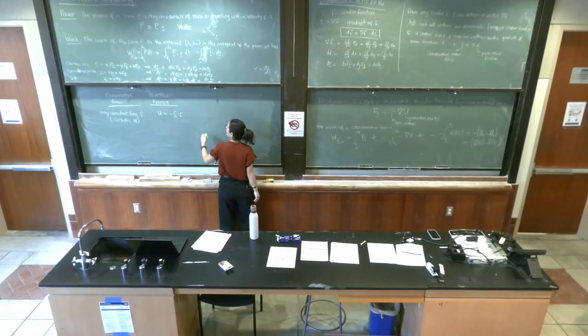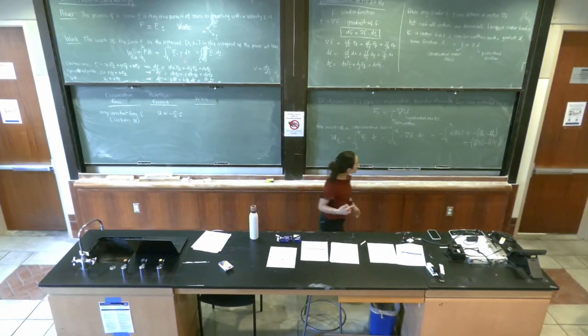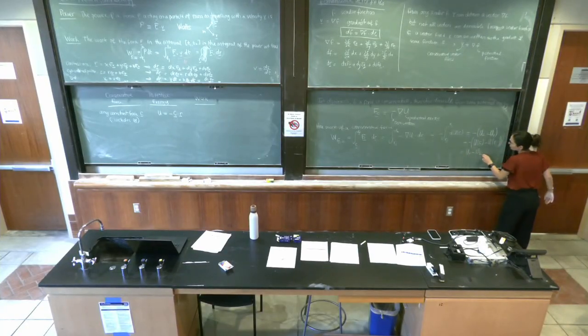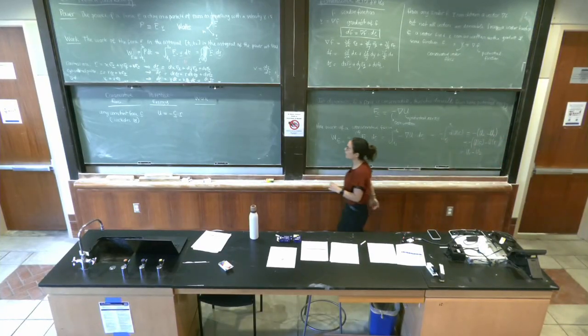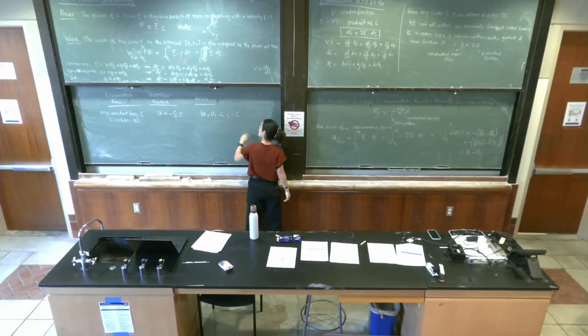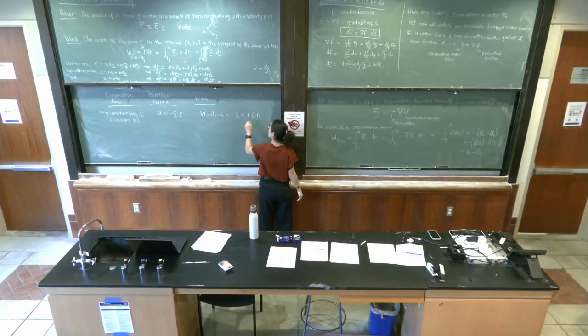Okay, so the work is going to be equal to minus U2 minus U1, or U1 minus U2. So the work is going to be equal to U1 minus U2, which is minus C dot R1 minus C dot R2, which is C dot (R2 minus R1).